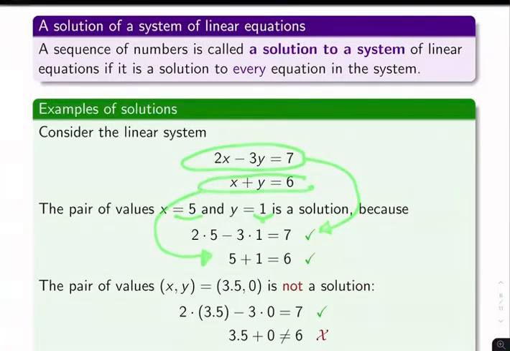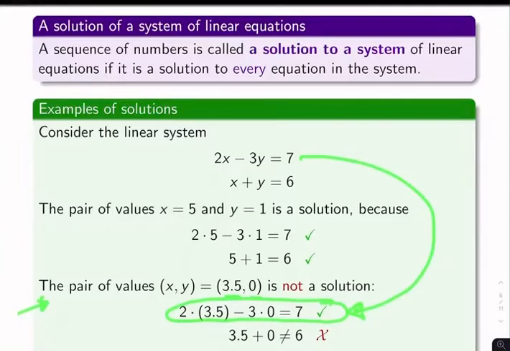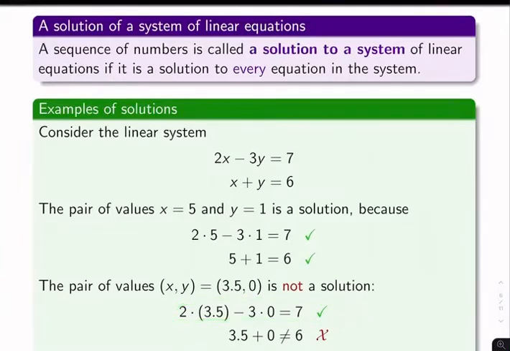But the pair of values 3.5 and 0 is not a solution because even though if you substitute those values into the first equation you get an equality, that is not true if you substitute them into the second equation.